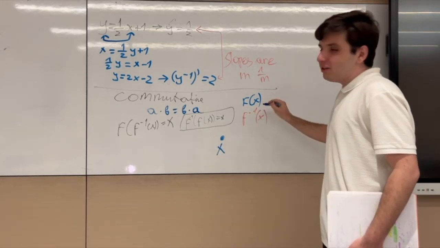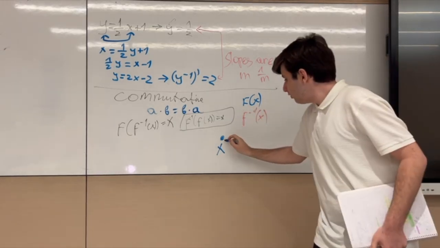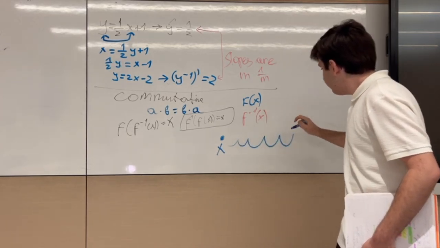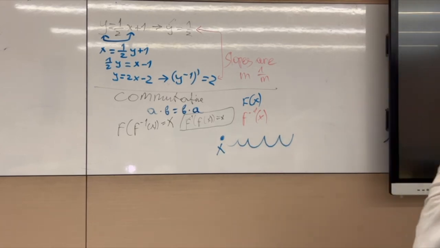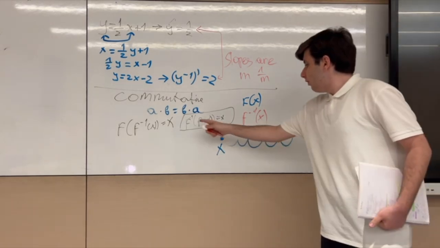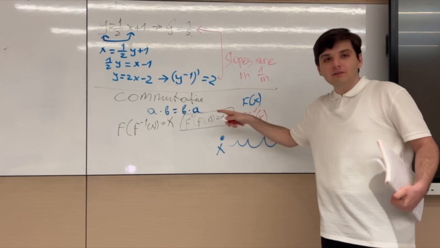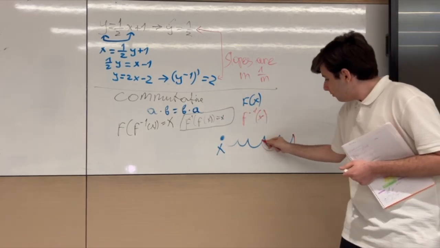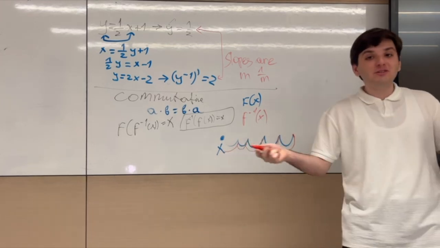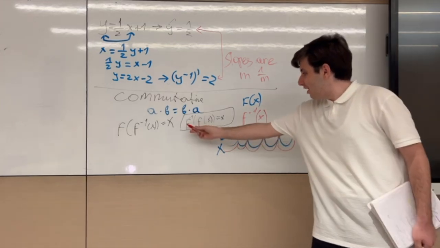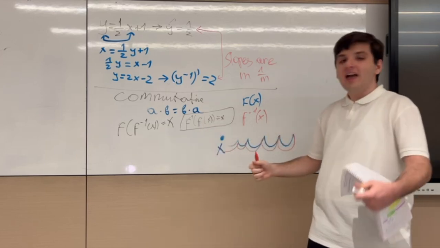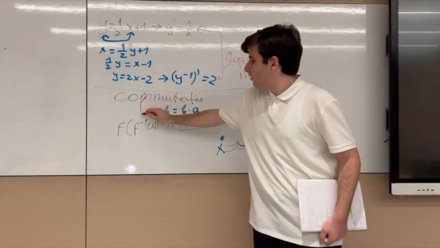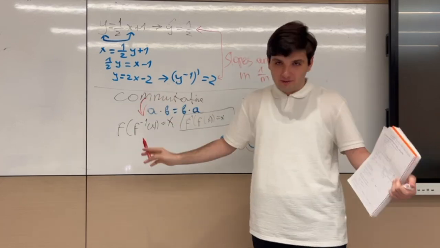It goes 1, 2, 3, 4, 5. This is what we call f of x. And what happens when we apply f inverse to this? We are here right now. It goes 1, 2, 3, 4, 5. We go back to the same point x. As you see, we called first the f of x function and then f inverse of the same function, and we get x. And of course, because it's commutative, this is true as well.